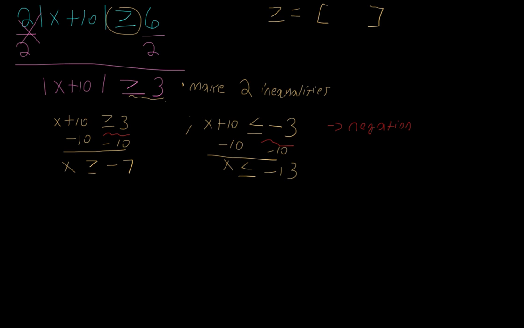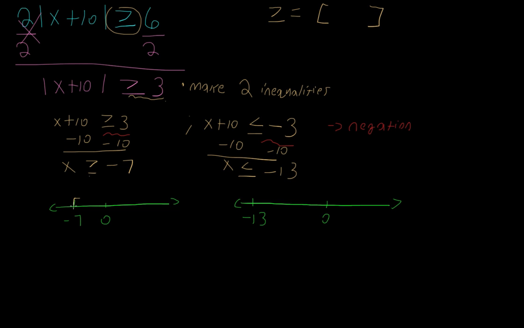Okay, so next we're gonna write it in interval notation. First, let's draw it visually. There's that one, and there's this one. Okay, so this is 0, and this is negative 7, and negative 13. Okay, so this is saying that x is greater than or equal to negative 7.